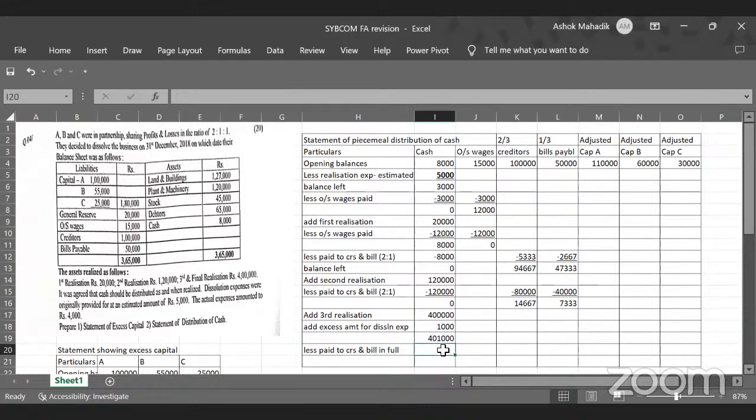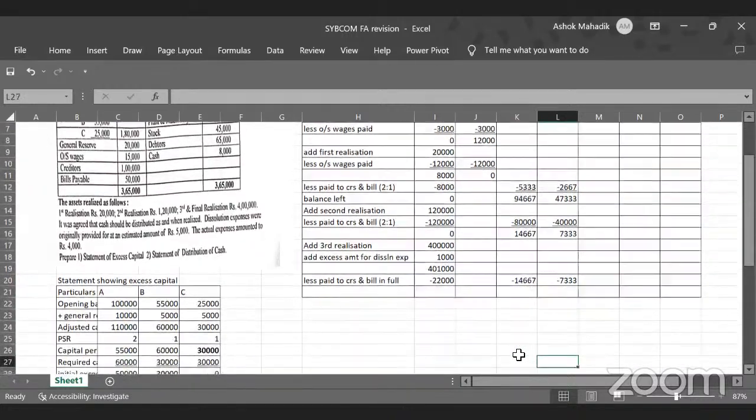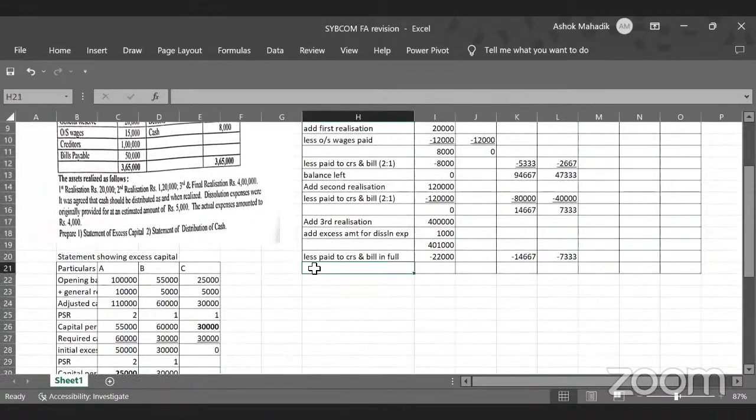So I write minus 22,000. I'll deduct it from cash, and I'll remove it from those liabilities: minus 14,667 and here minus 7,333. So 22,000 is paid. I'll just extend the format a little bit more.